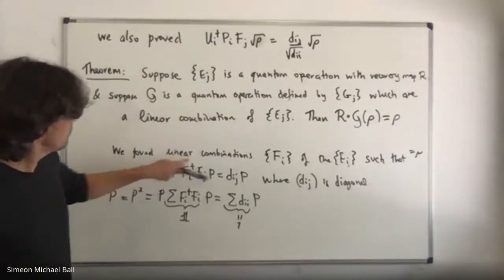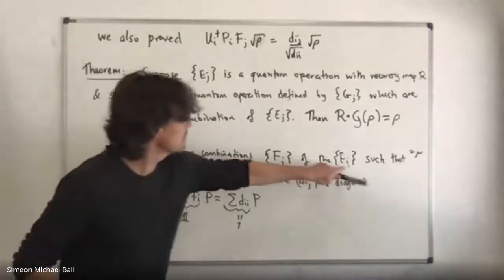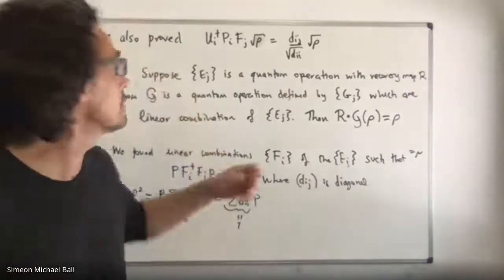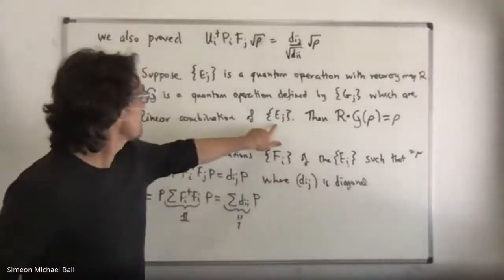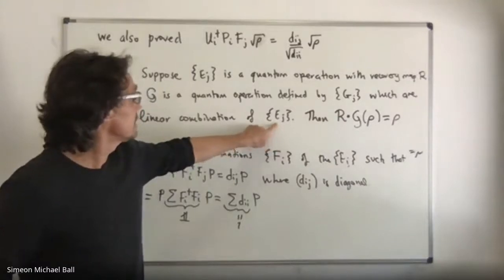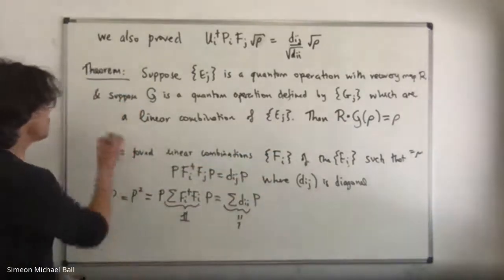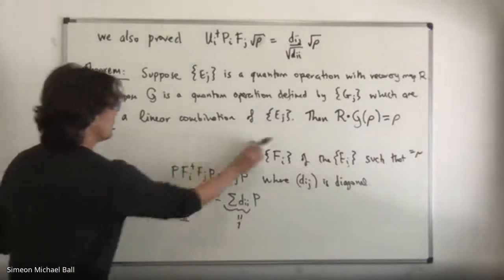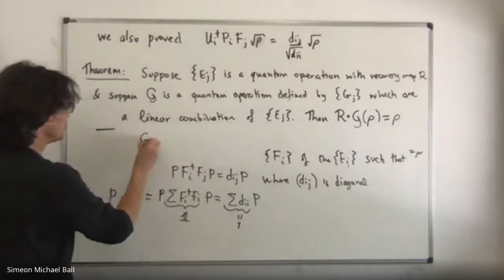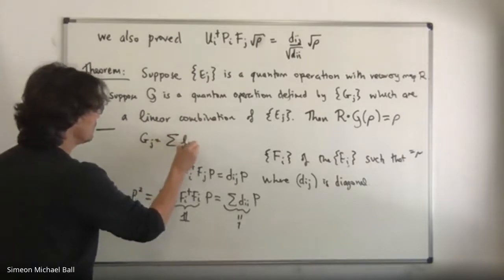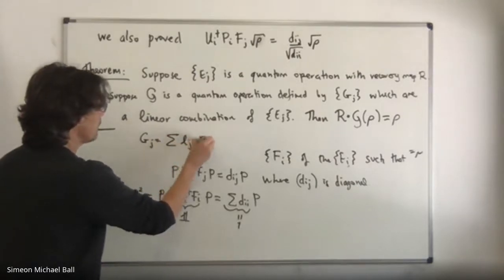Well, since we had that the F's were a linear combination of the E's and they span the same subspace of operators, now the G_Js are a linear combination of the E_Js, so they're also a linear combination of the F_Js. So we have G_J is the sum of L_JR F_R.